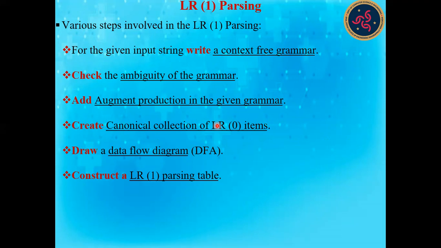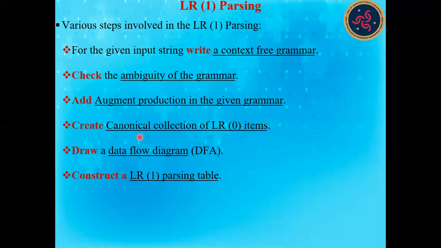In order to construct the LR0 as well as the SLR parser table, we have to find out the LR0 items. And for LALR and CLR, we need to find LR1 items. Anyway, we will discuss everything in detail in later slides.